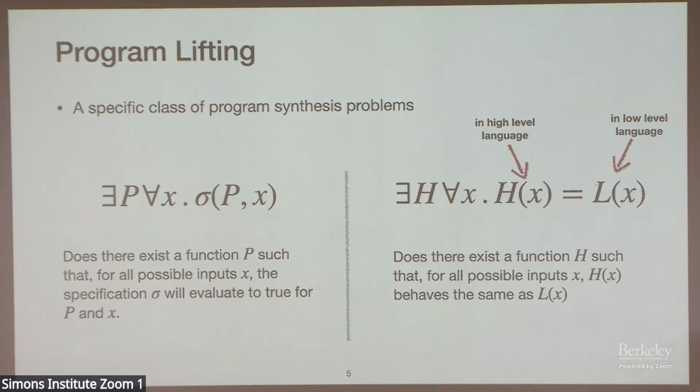Program lifting is saying, can we find a function H that is in some kind of higher level language such that it behaves exactly the same as some function L that is in a lower level language, and we have access to L. But broadly, it's a program synthesis problem.